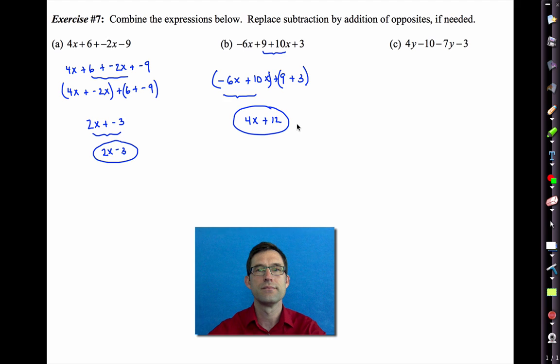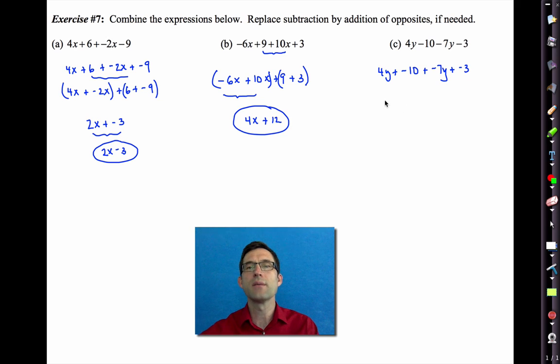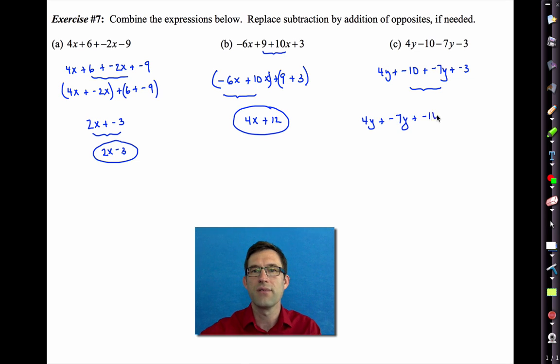That's it. Oh, letter C's got a lot of subtraction. So I'm going to rewrite this as 4y plus -10 plus -7y plus -3. Now I do that simply because subtraction is not commutative or associative, but addition is. So now I can play around with this the way I did before. I'm going to use the commutative property of addition to rewrite that as negative 7y plus negative 10 plus negative 3.